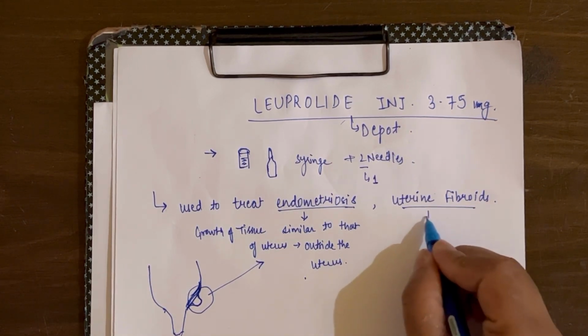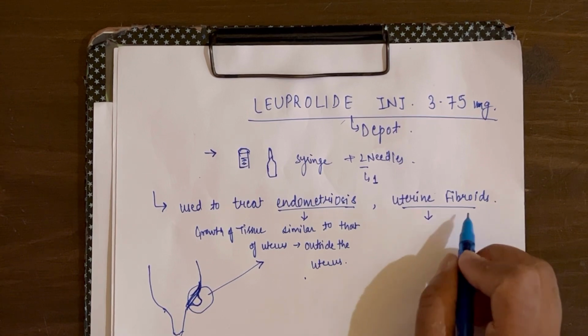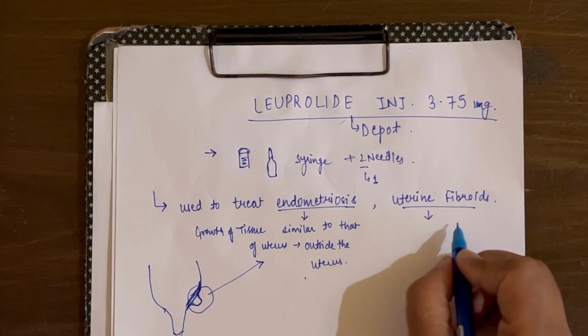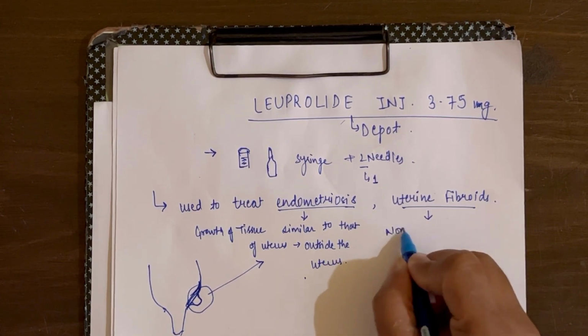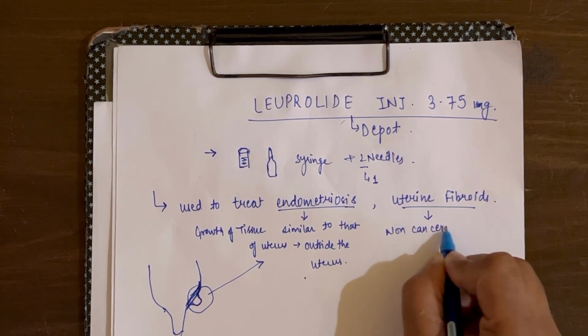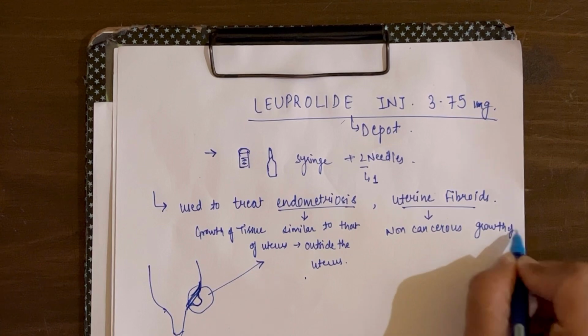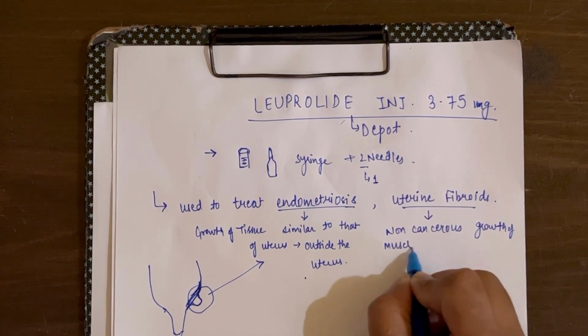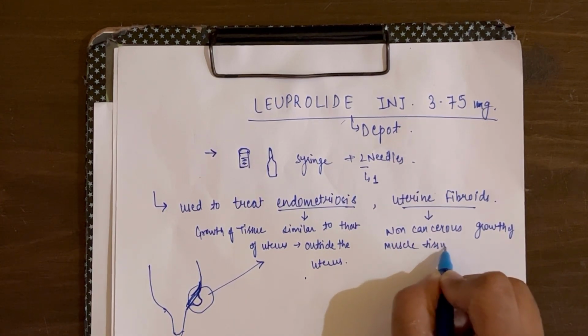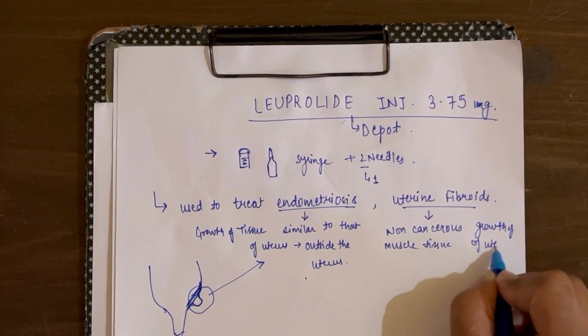Now another condition we will be discussing is uterine fibroids. What are uterine fibroids? This is non-cancerous growth of muscle tissue of the uterus.